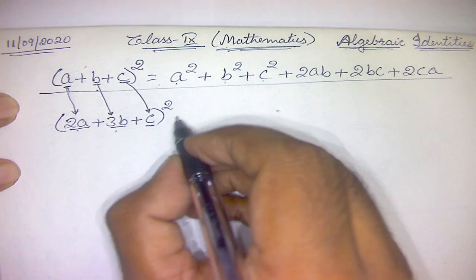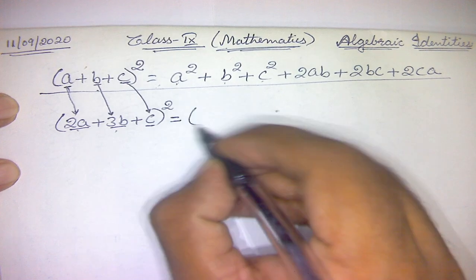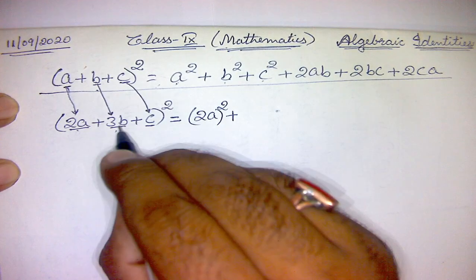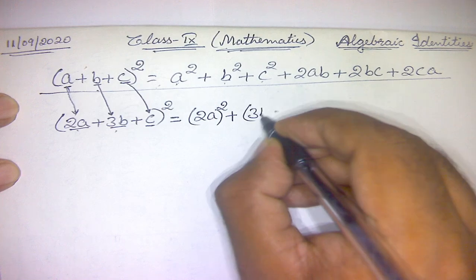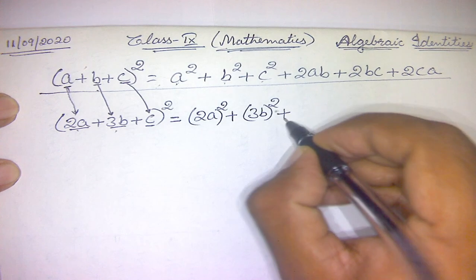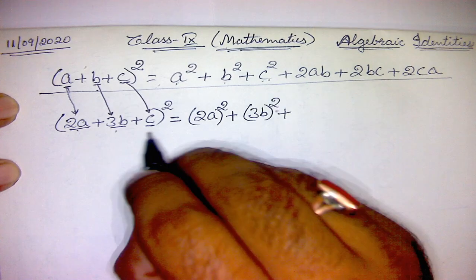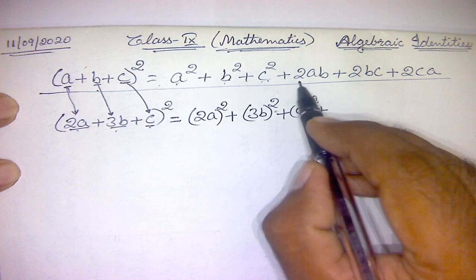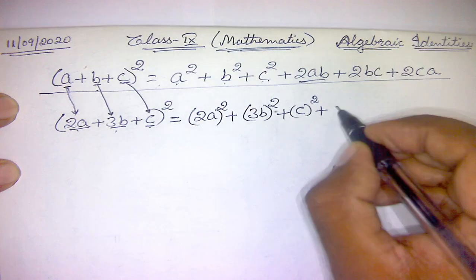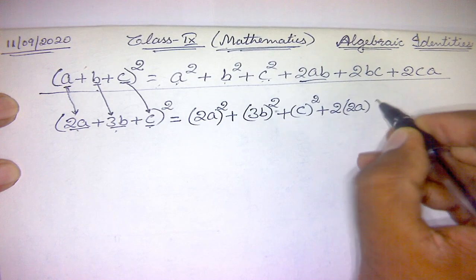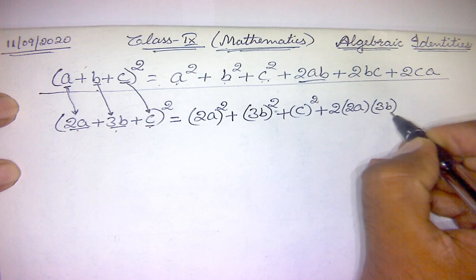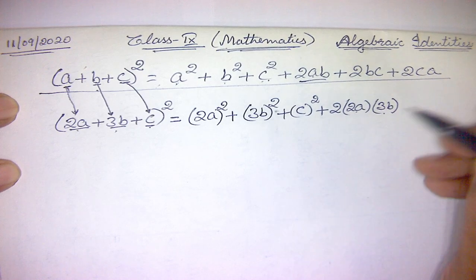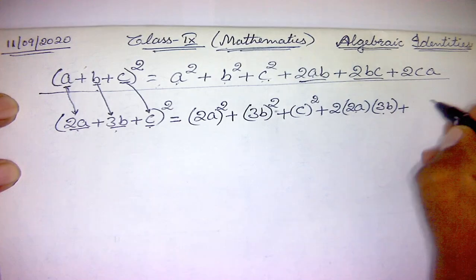So using it, if you try to expand, a squared will be written as square of 2a, plus b squared will be written as square of 3b, then plus c squared will be written as square of c, and then plus 2ab, that is 2 multiply 2a multiply 3b, because a has to be replaced with 2a and b has to be replaced with 3b, then plus 2bc.